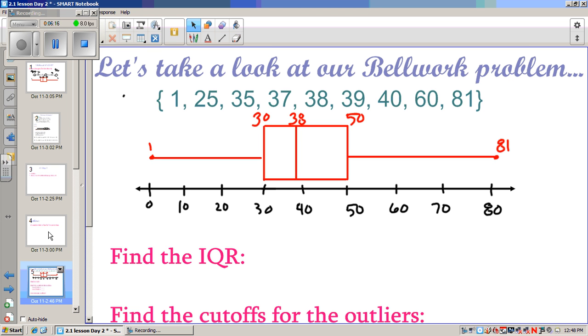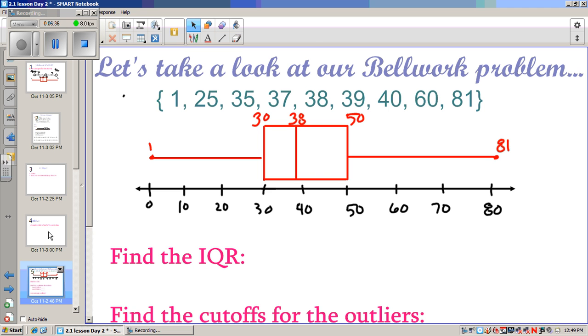So if we go back to our Bellwork problem, here's our box and whisker plot with a number line below it, identifying its shift left or right and how long the whiskers are, and the median not exactly in the middle of the box, closer to the first quartile than the third quartile. Our first step to finding our outlier is to take our IQR.